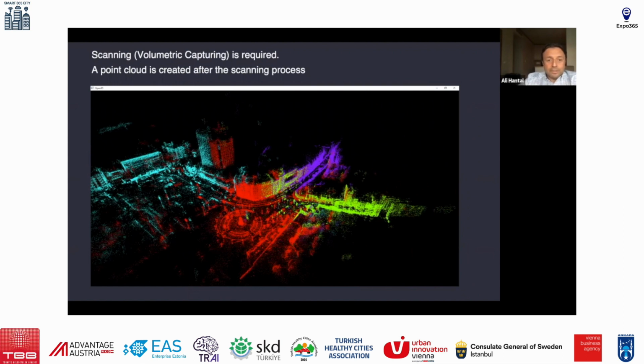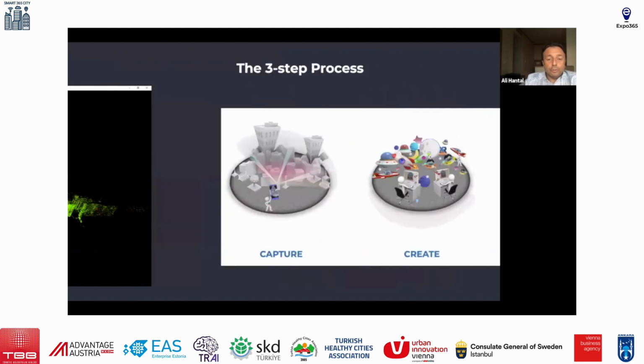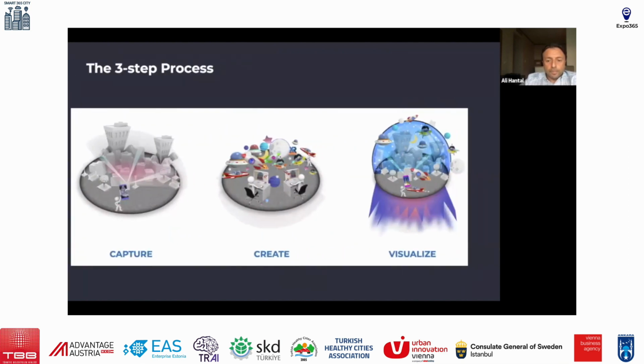So once the digital twin of the surrounding is created, the next step will be to create the 3D content and place it on to the real world. Last step will be to visualize it. This next slide that you're viewing is the 3-step process for the new spatial web or AR cloud experience.